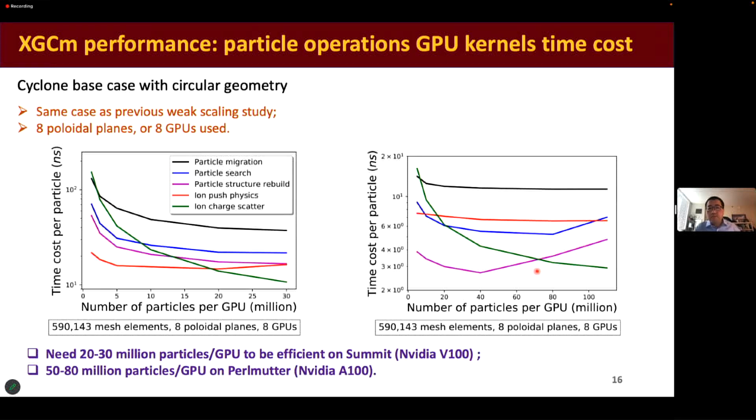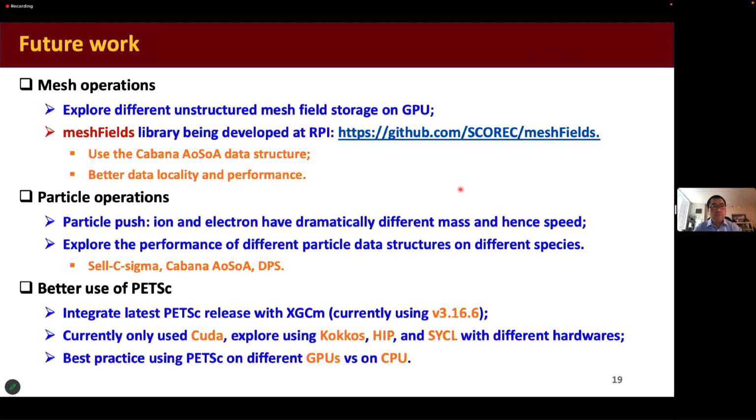With this, I will just skip some of the presentation. Let's talk about the future work. Because we are developing a mesh-centric approach to the particle-in-cell method, we want to explore the mesh operations: different unstructured meshes and field storage on GPU.